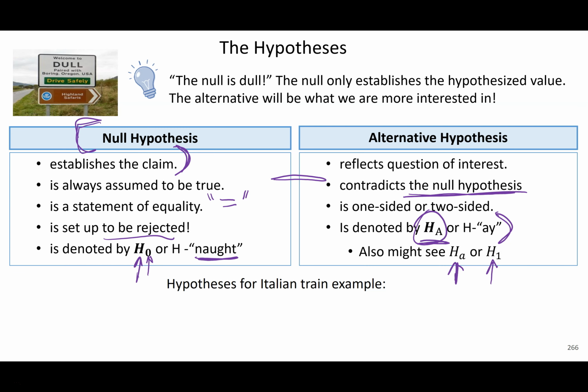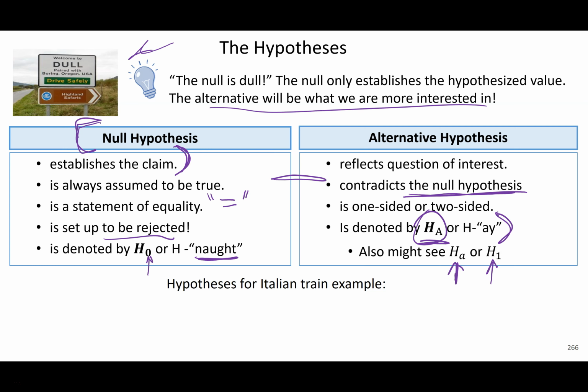So that phrase, the null is dull, it's pretty much stating the claim statement. If nothing interesting is going on, the null is what is true. The alternative is usually what we're interested in.